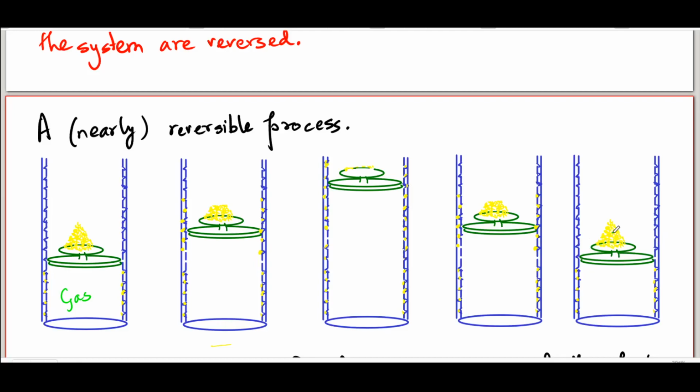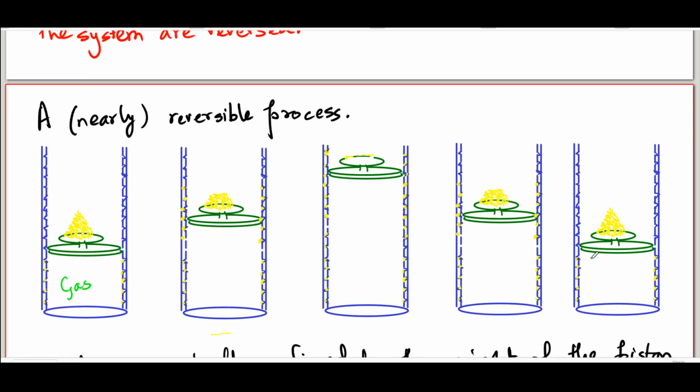So energy conservation would also tell you that that's exactly the same as the amount of heat it released to the reservoir. So the reservoir is back to its original state. Whatever energy it lost to the system while it was expanding, the system has now given back to the reservoir when the gas contracts. So everything is back to their original state.